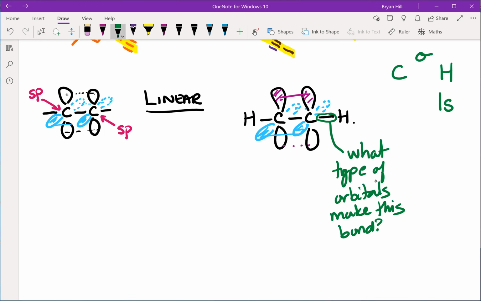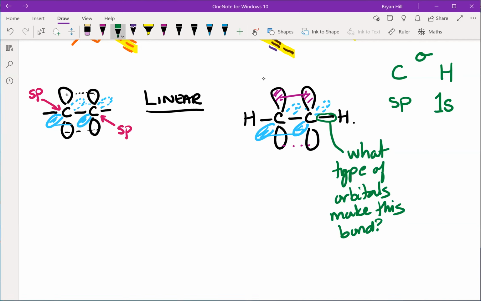Hydrogen is using its 1s orbital, right? Because that's what it's got. What type of orbital is the carbon using? Right, an sp hybrid orbital, sp.